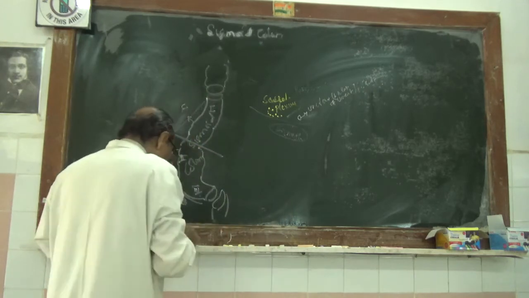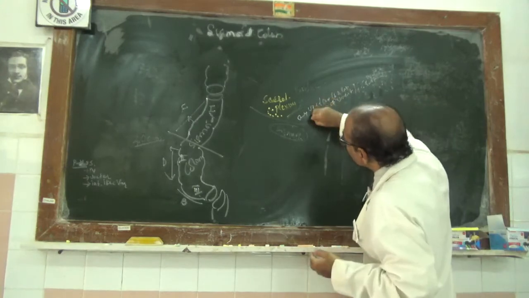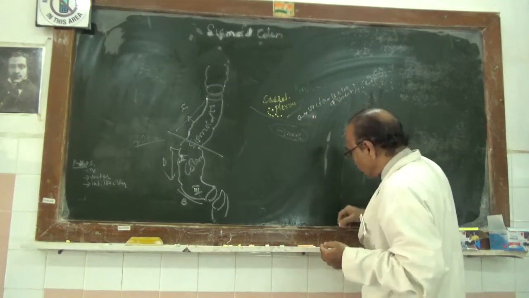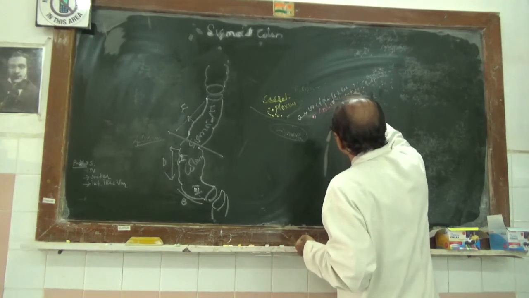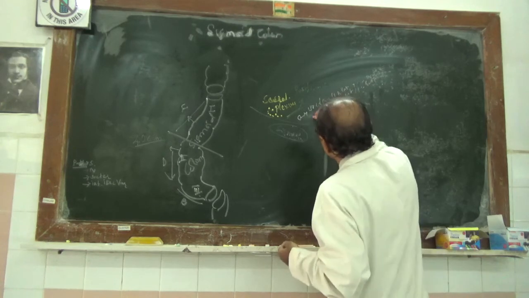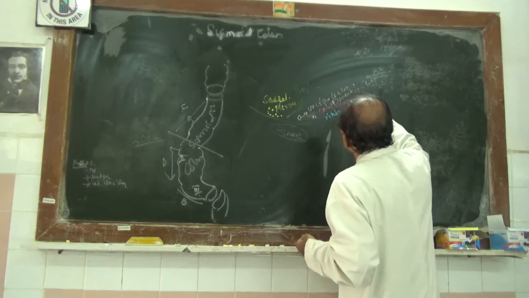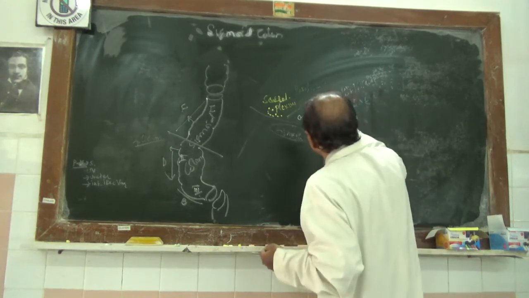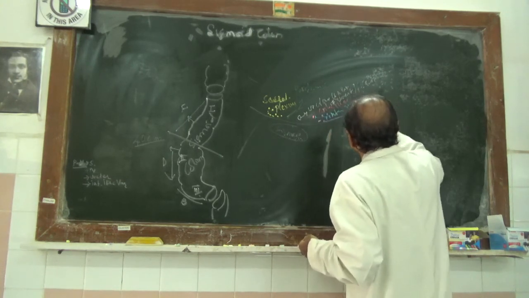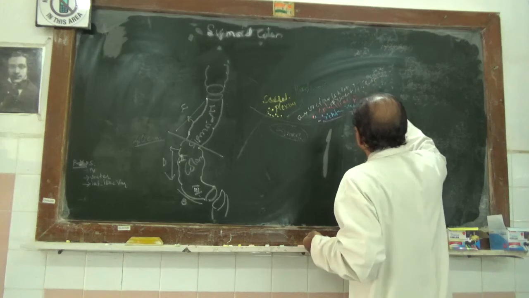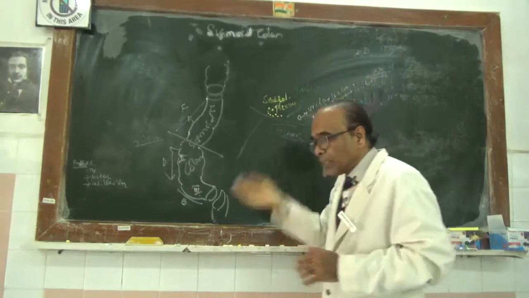Then you will have the internal iliac vessels. So this is the internal iliac artery. So this will be the posterior relation.